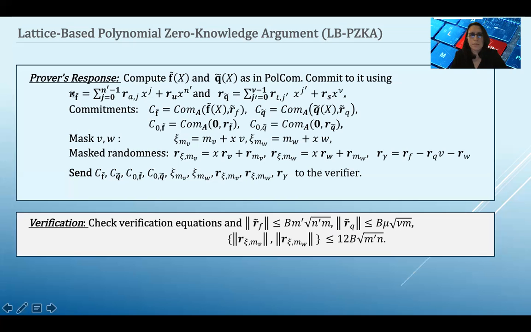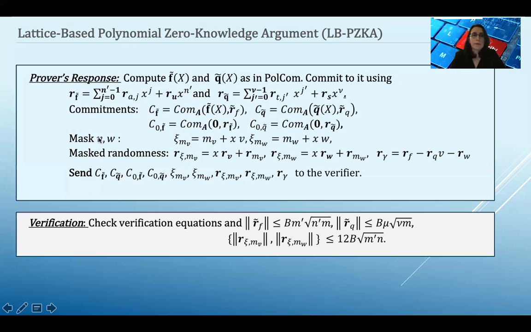And so these are rf tilde and rq tilde. And then it computes the commitments to f tilde and q tilde. It also computes the commitments to 0 using the randomnesses rf and rq.